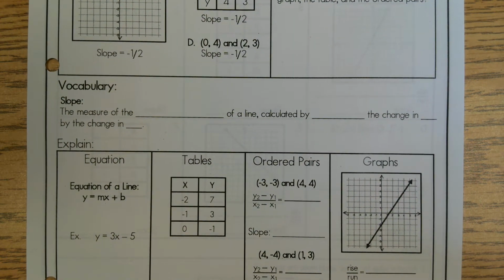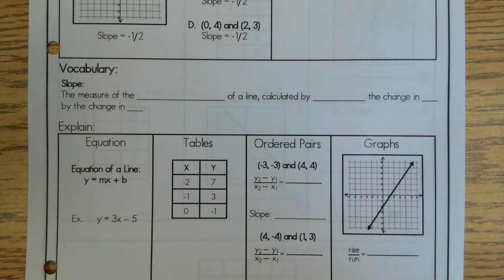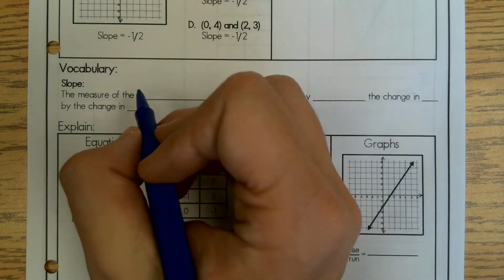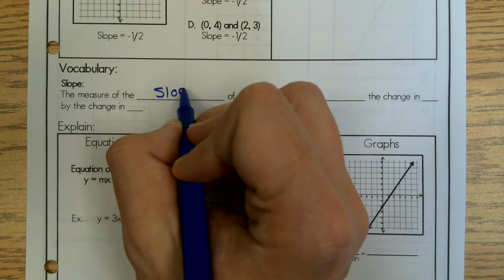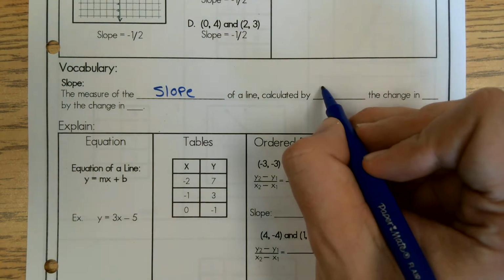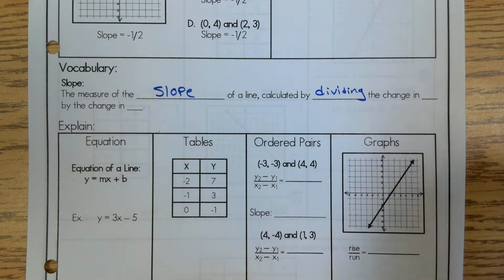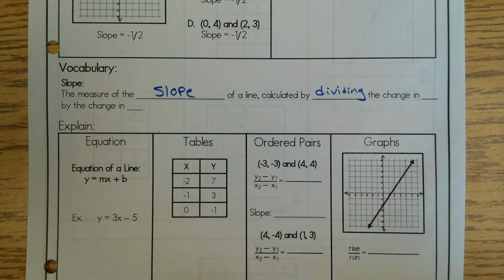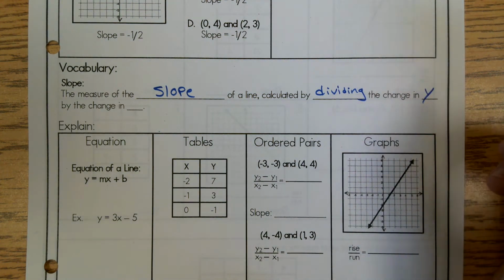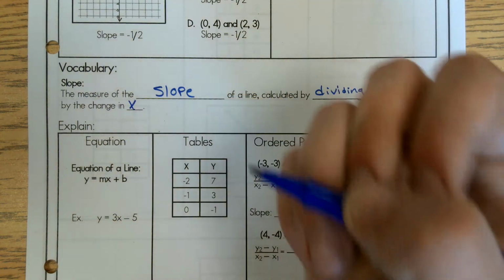So now let's do the vocabulary part. It says the measure of the slope of a line is calculated by dividing the change in y by the change in x.